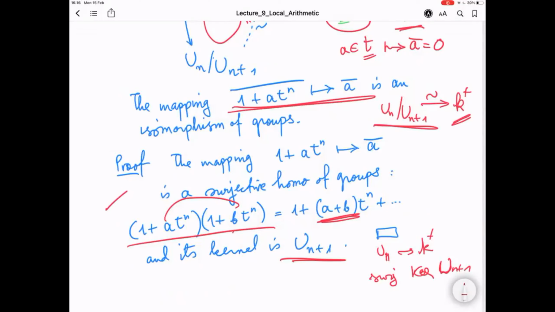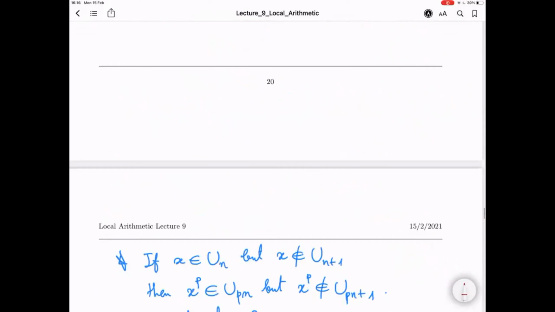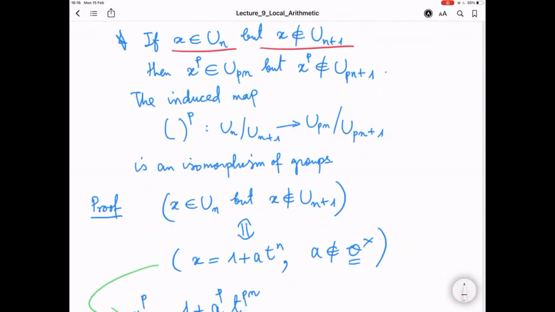Next, I claim that if I have an x in Un which is not in Un+1, then its pth power will be in U_{pn}, but not in the next one, not in U_{pn+1}. In other words, raising to the pth power will induce a map from Un modulo Un+1 to U_{pn} modulo U_{pn+1}.